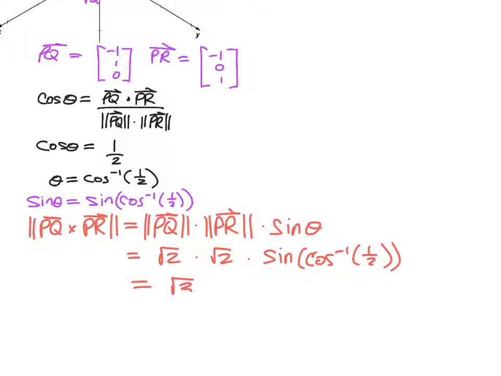So it'll all come out to radical 3. Now again, the area of a triangle is going to be half of that. So radical 3 over 2 would be the area of the triangle.